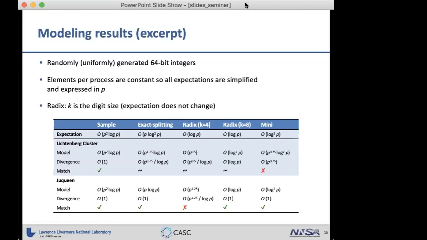Minisort uses MPI collectives pretty extensively, so that potentially might be the reason for a mismatch.